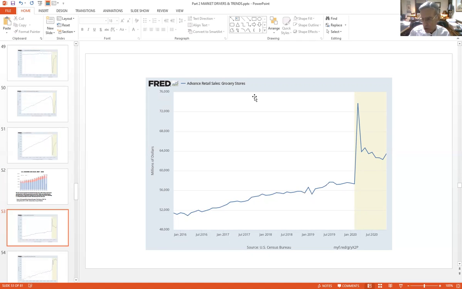Maybe they didn't want to stay at home, but that's what they were doing in the lockdowns. Grocery store sales declined after the peak of the pandemic, but you can see that they did not get down to normal, and in fact, most recently have begun to pick up again as a second wave of the pandemic seems to be occurring.